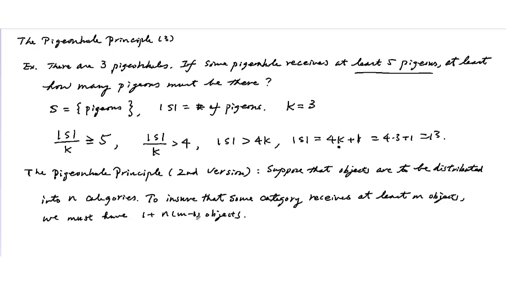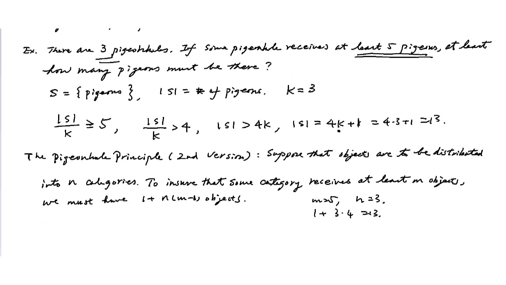Like we have in the previous example, if m equals 5 and we have 3 categories, then the total number will be 1 plus 3 times 4, so that is 13.